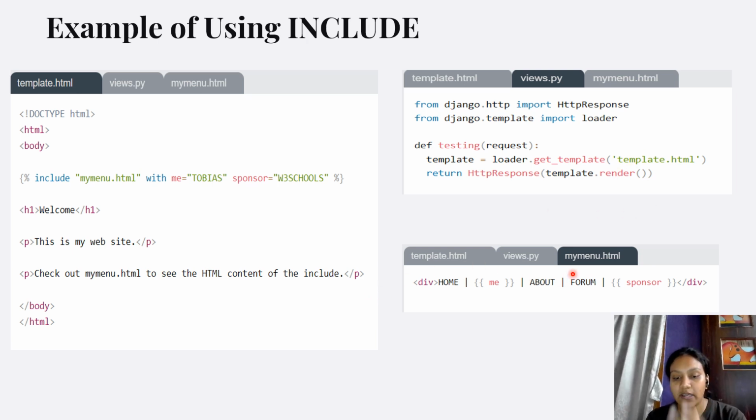And here, as we can see, the menu mymenu.html, which is again an HTML file, has a division with home, me, about, forum, sponsor, and we are going to close the division. So this is what we are going to type to include the HTML as an example. These will be the basic files required for using the include template tag, which we are considering as an example. Here we can see that we have been using the include template tag.